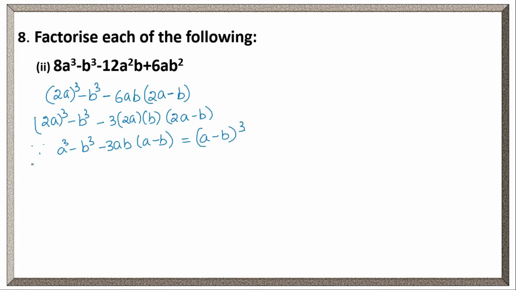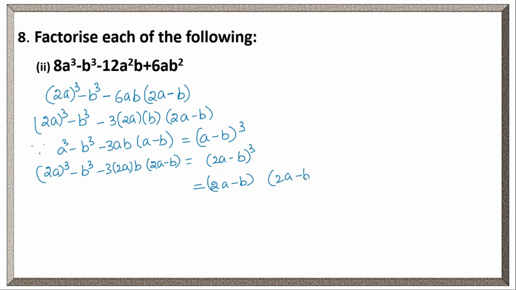Yes or not? Right? Now, the given question is in this form, so we have to write in this form. That means we will get the factors of the given polynomial. (2a) whole cube minus b cube minus 3 into 2a into b into (2a minus b) equal to (2a minus b) whole cube, which can be written as (2a minus b) into (2a minus b) into (2a minus b).